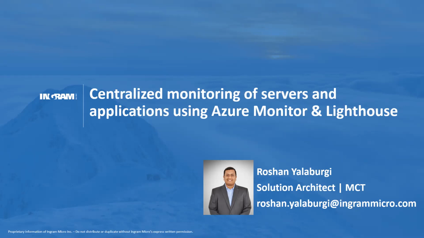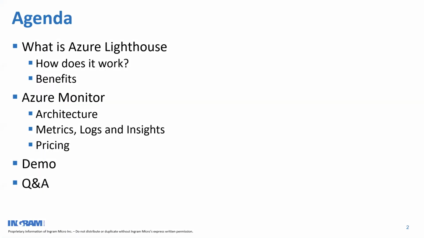So today's session is about how you can have a centralized monitoring solution using Azure Lighthouse and Azure Monitor. So for people who could not attend the first session, I'll be giving you a quick overview of what Azure Lighthouse is, how does it work and its benefits, and then we'll jump into a deep dive of Azure Monitor.